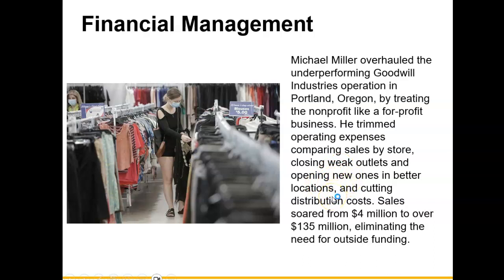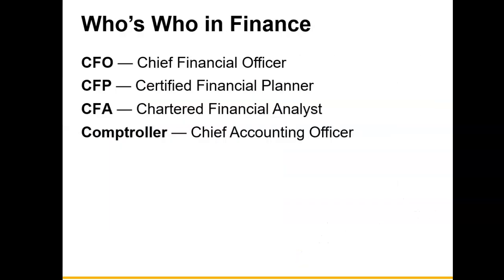By doing this, sales soared from 4 million, look at this, to over 135 million, eliminating the need for outside funding. So again, that is the role of a financial manager, to improve that firm's effective use of finance.